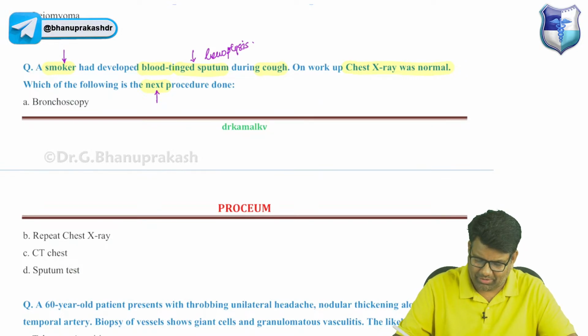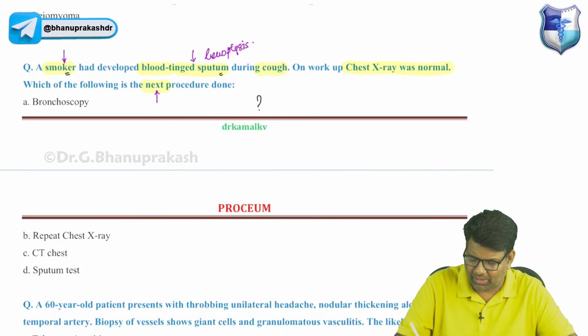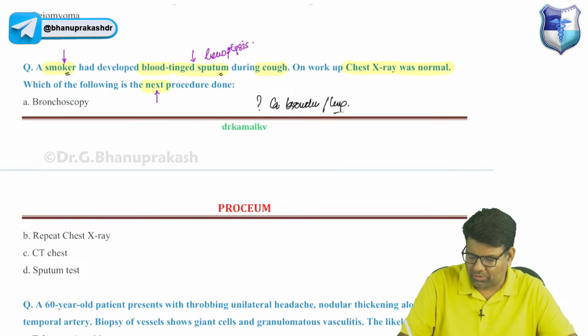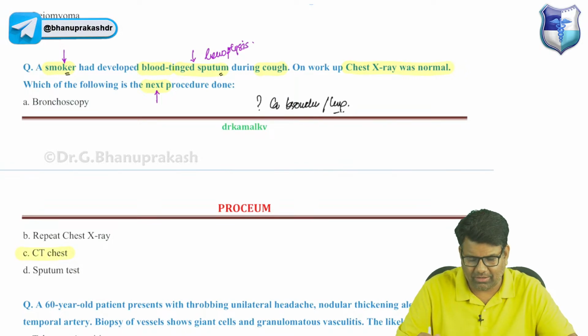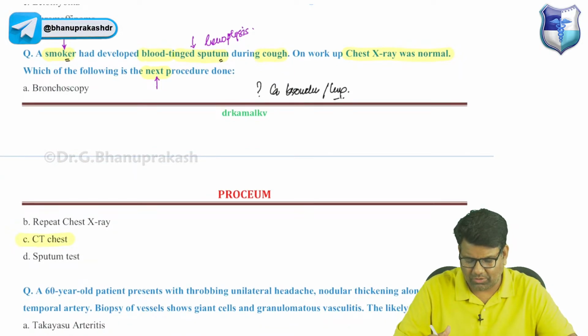Anyone? Yes. See, a smoker with hemoptysis, we can think of the possibility of carcinoma bronchus or lung, right? So, if X-ray is normal, we should go for CT, and if this shows us some mass or something else, then we can do a bronchoscopic guided biopsy.